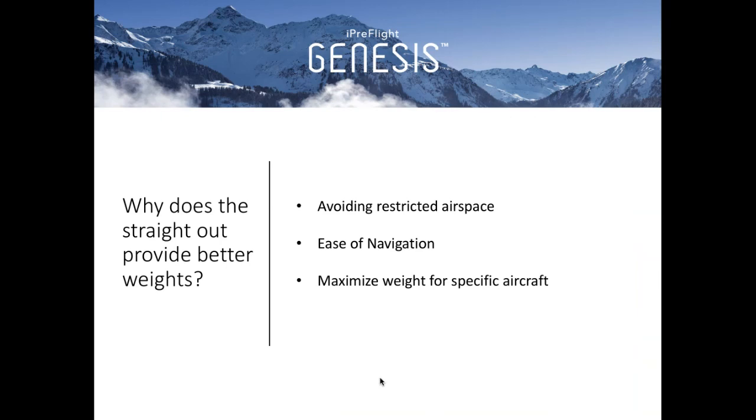While this often does improve weights for other aircraft that share the same limiting obstacle, we can't guarantee that it will provide better weights for all aircraft at all flap settings in every situation. So if an obstacle limitation is an issue for you, it's always a good idea to check the straight out departure as well as the turn procedure to see which one gives the best weight.